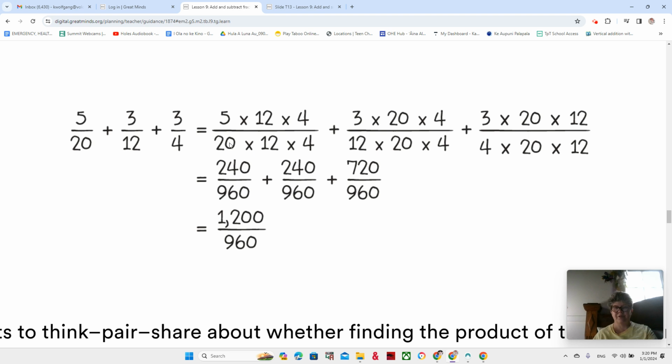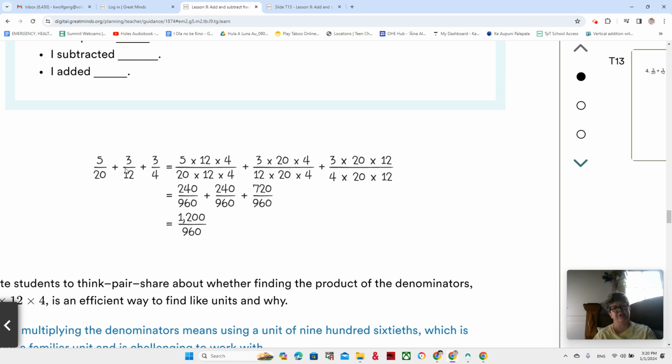So actually multiplied 12 times 20 to get 120, and then times 4 to get 480, or 960. Yeah, 960. And did the same thing to the top. Wow, that is a huge number. So this is what I was saying about multiplying each number by itself might be a little too much, right?